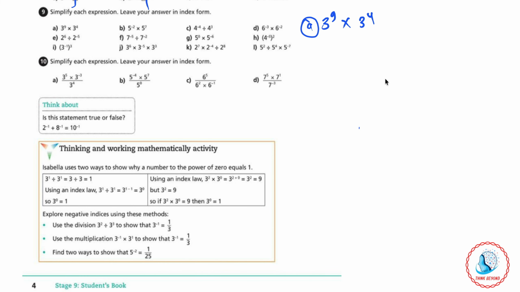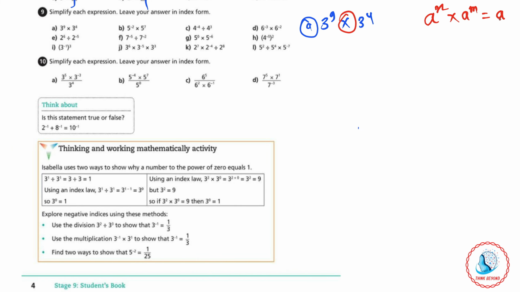So let me tell you one thing. Here an important formula comes: if the base is the same, these are called the base, and if there is a multiplication, then the powers will be added.